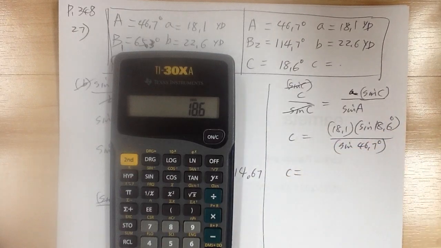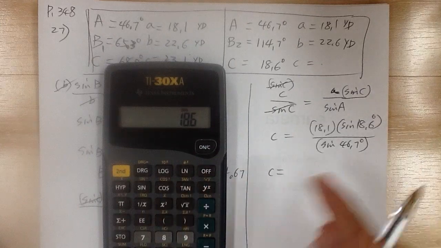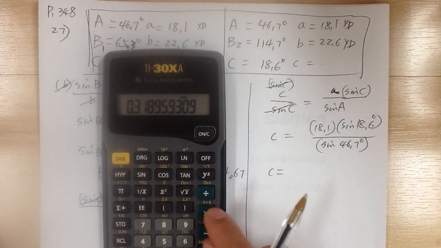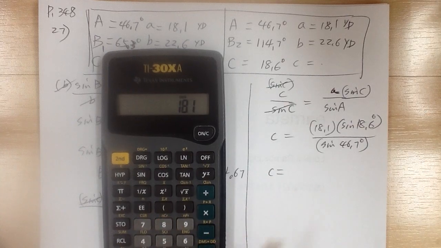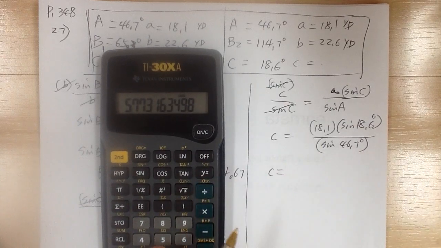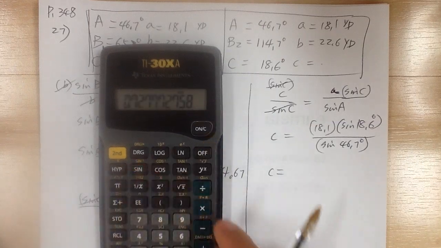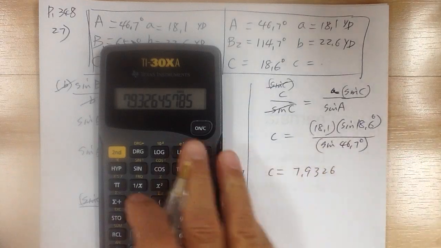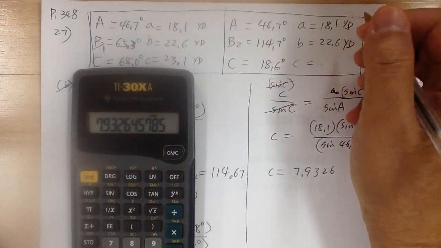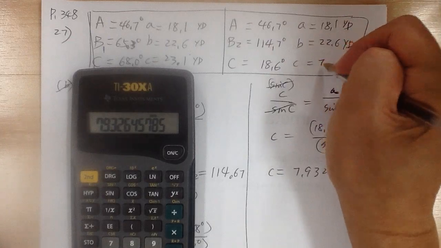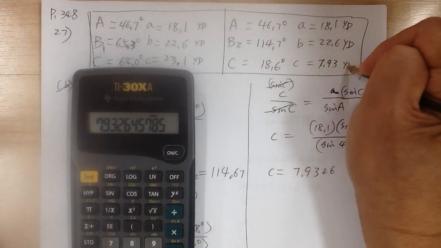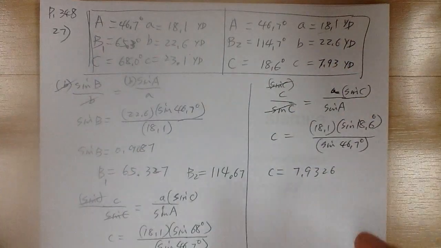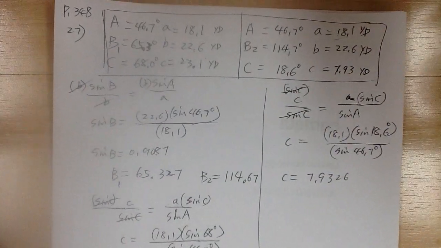So get your calculator and enter everything in there. So sine 18.6 times 18.1, divided by sine 46.7, equals 7.9326. When you put it over there, you're going to get 7.93 yards. So you get three significant digits. Okay, and that's it for number 27.